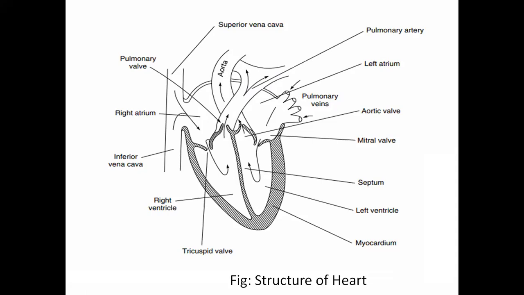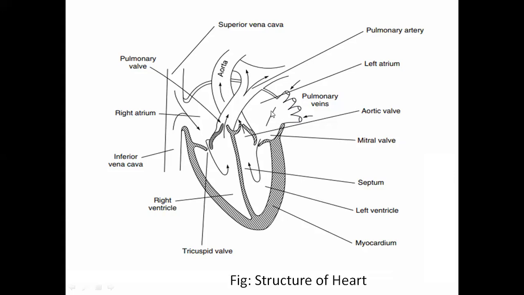The oxygen rich blood will be received from the lungs through pulmonary veins, and from here the blood will be filled in the left atrium.